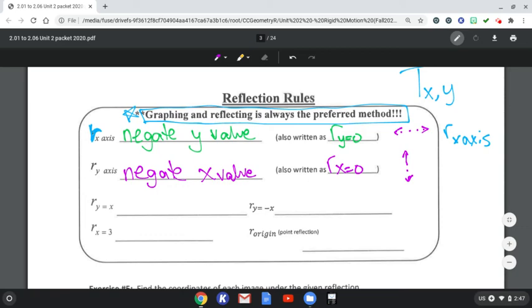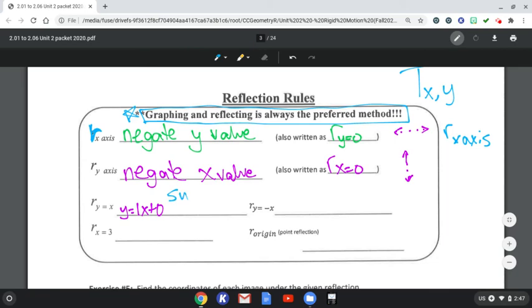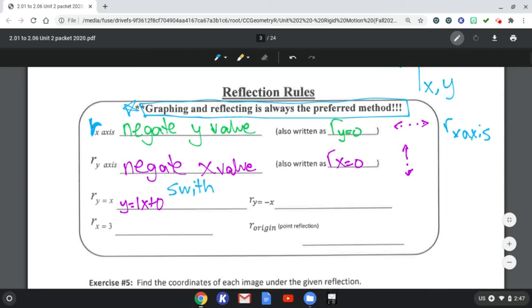The line y equals x is like saying y equals 1x plus 0. It's a diagonal line, but your rule there is to switch the ordered pair. I spell this wrong almost every year I write it. SWITCH. So if you have an ordered pair x comma y, it's going to become the y value, then the x value.